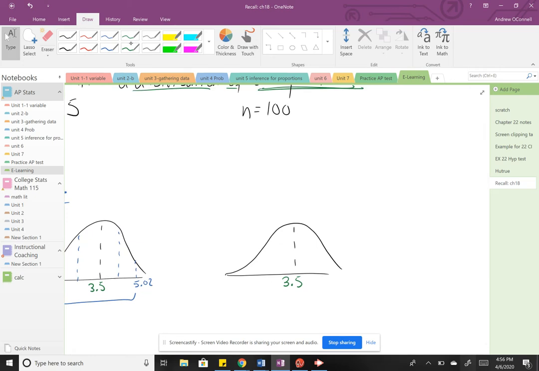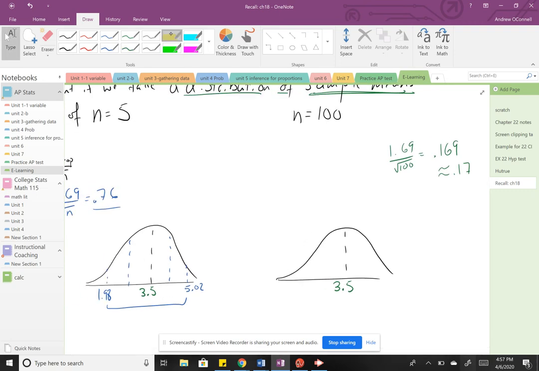But when we take a relatively large sample size, 100, that means we take the standard deviation of the population, 1.69, divided by the square root of the sample size, 100, and we're going to get 1.69 over 10, or I'm going to say about 0.17.